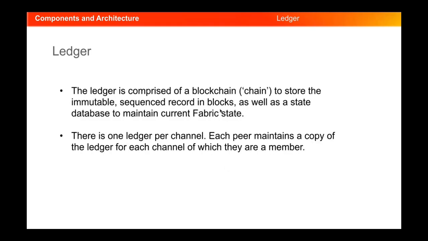The ledger is comprised of blockchain to store immutable sequenced records in blocks, as well as a state database to maintain the current fabric state. There is one ledger per channel. Each peer maintains a copy of the ledger for each channel of which they are a member.